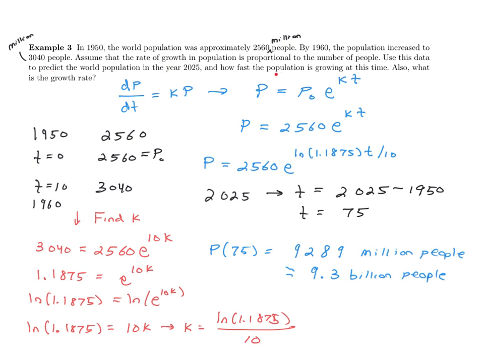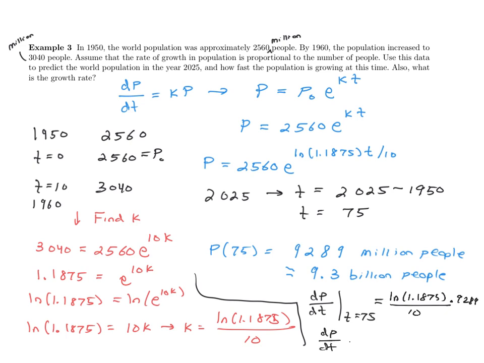How fast is the population growing at this time? To figure that out, we can use this idea up here. We want to know dP/dt when evaluated for 75 for t. Basically, we can take this number and multiply it by k, which is this number here. I know k, it's the natural log of 1.1875 divided by 10, times 9,289.